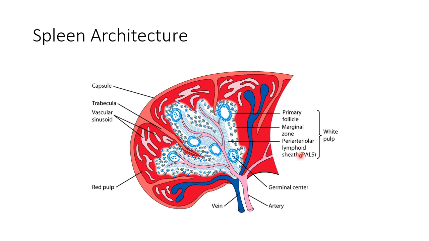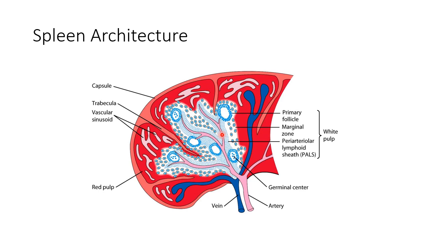Next, you have white pulp, which is here in the middle. And in the white pulp, you will see a primary follicle, which is composed of a lot of lymphocytes and macrophages. We have the marginal zone, which is at the periphery, and you have periarteriolar lymphoid sheath, which are collections of lymphocytes around blood vessels, in this case an arteriole.